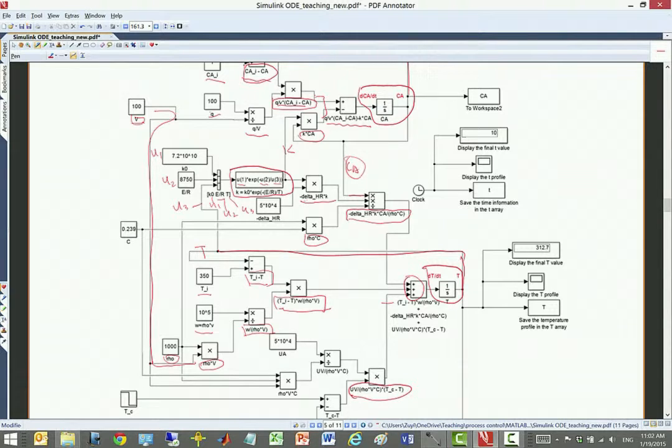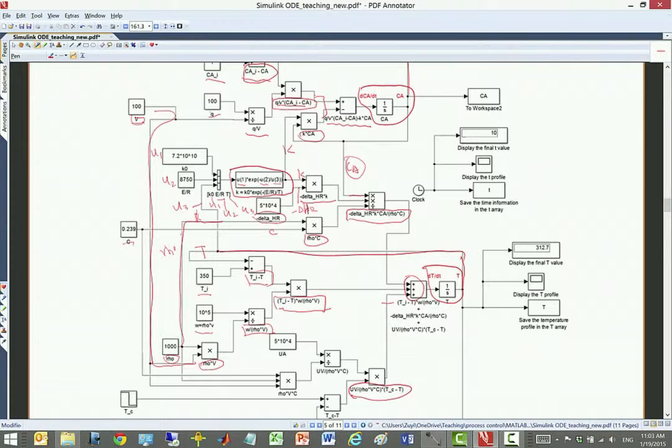Then for the second term, delta HR times K, we multiply K with minus delta HR, so this is minus delta HR here. For rho times C, this is C, and this is rho, you see all the way rho.